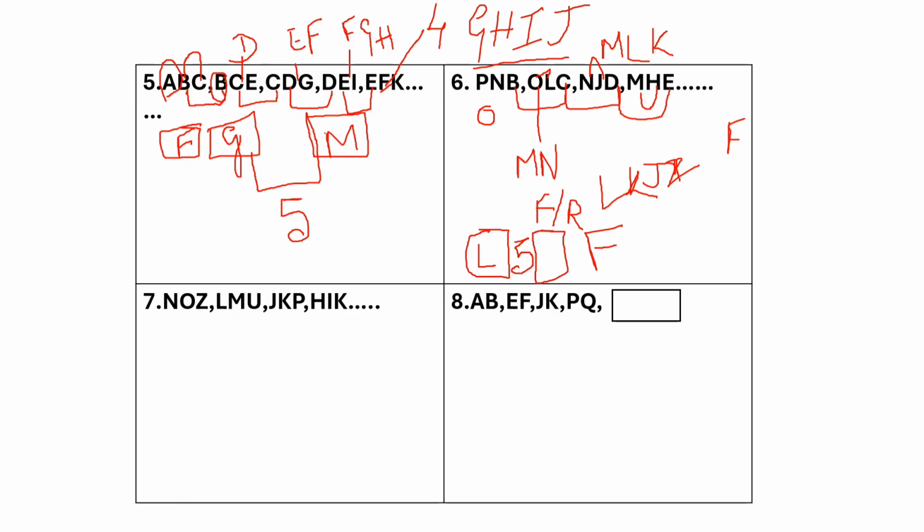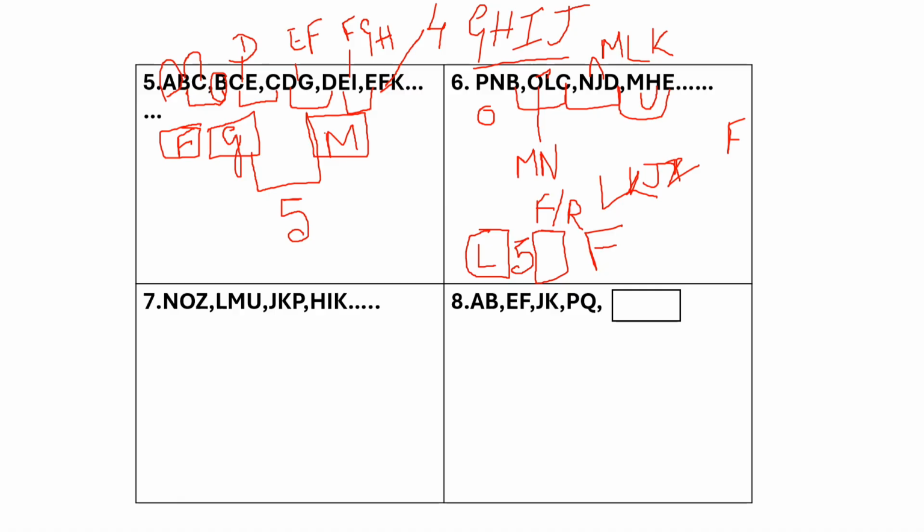What it indicates? If I take from the first term, the second letter of the first term is N. The second letters of the following terms are L, J, H. We can observe it is in reverse order, right?